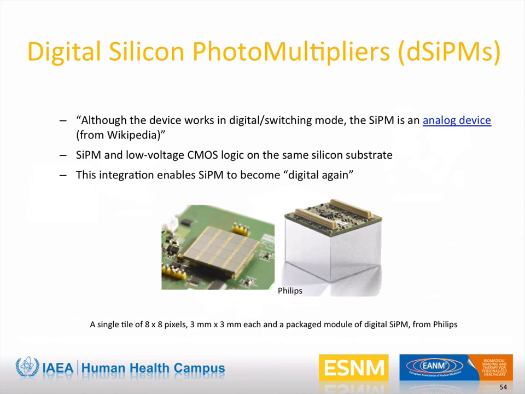Digital SiPMs consist of an array of SPADs, each one equipped with a locally integrated active quenching circuit. Moreover, additional circuits for digital processing, acquisition, and readout of the optical signal are integrated in the sensor.